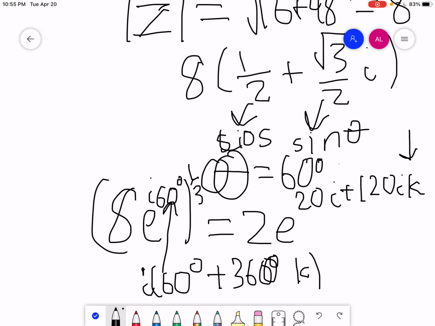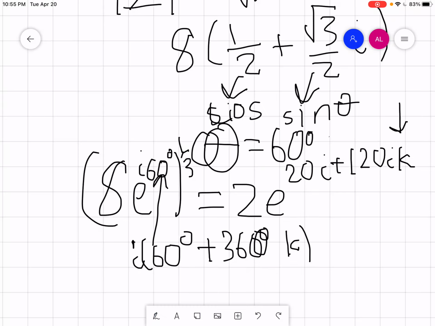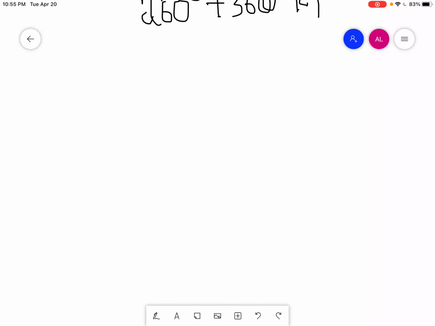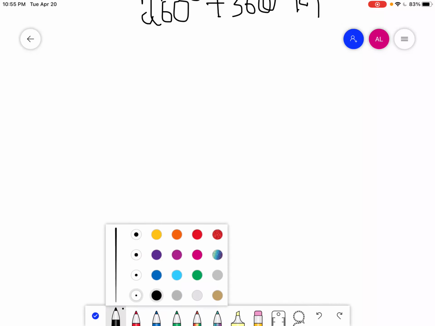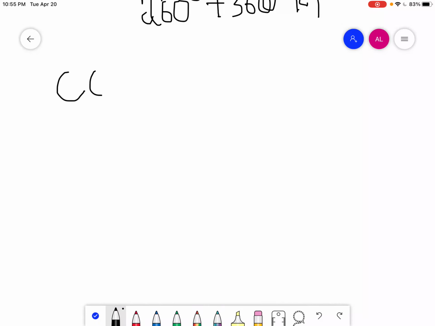Okay, so how can we apply this concept? Well, one thing we can do is prove the sum identities of trigonometric functions.